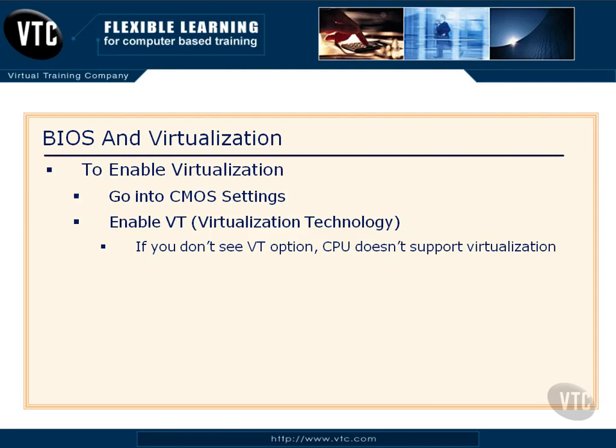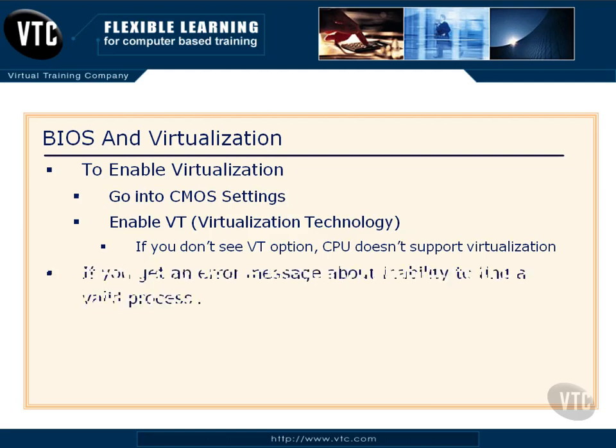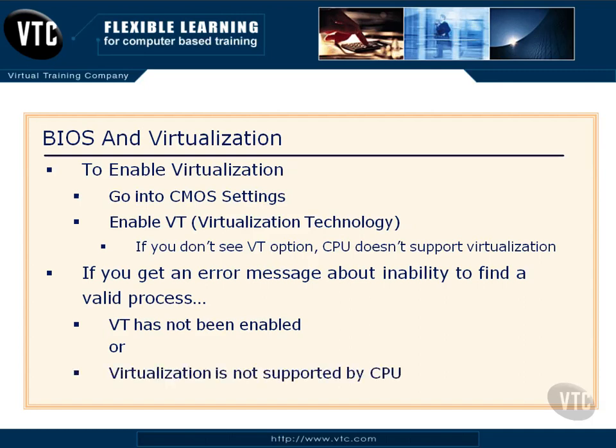All right, Bob's trying to run virtualization, but he keeps getting an error message, right? And the error message is about an inability to find a valid process or whatever every time he tries to start up the virtual machine. That means that Bob either has not gone into the BIOS and enabled VT in the CMOS settings, or it means that virtualization is not supported by that CPU.